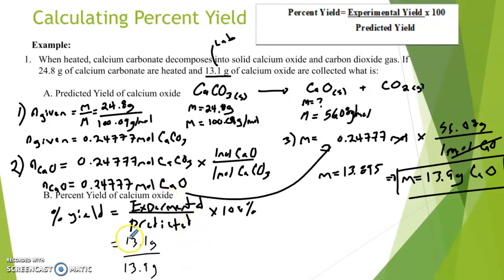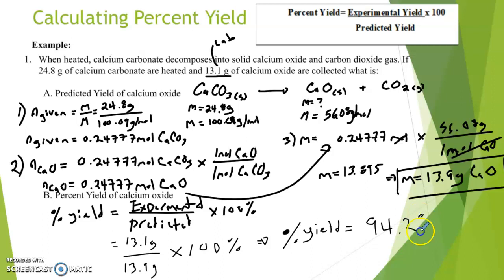That's our predicted from our calculations. And we're going to times that times 100%. 13.1 divided by 13.9. We get our percent yield to be equal to 94.2%. And that's our final answer.